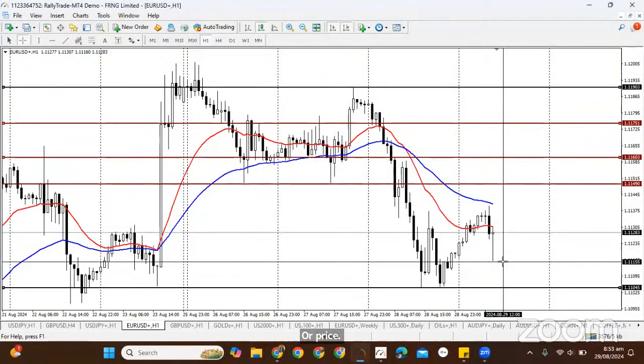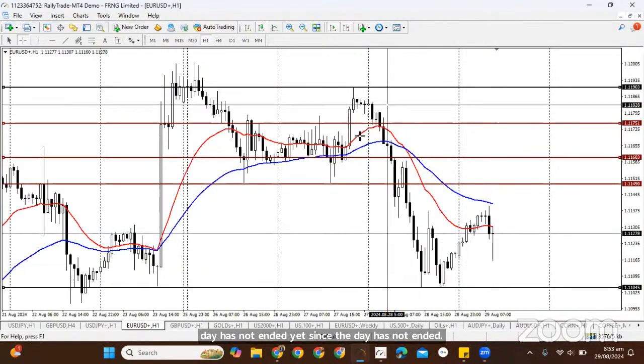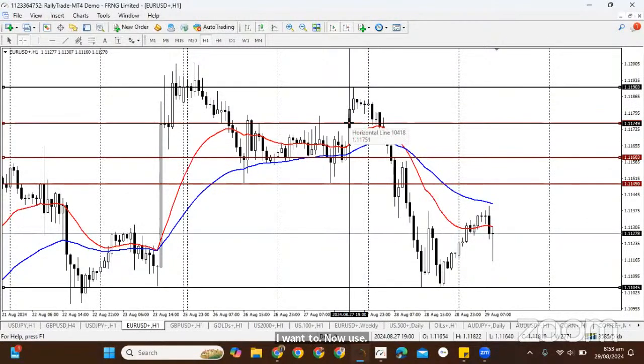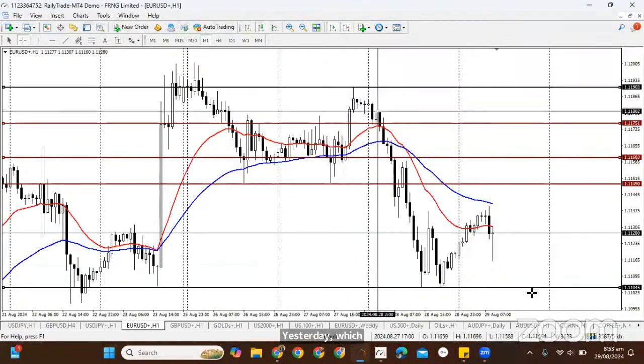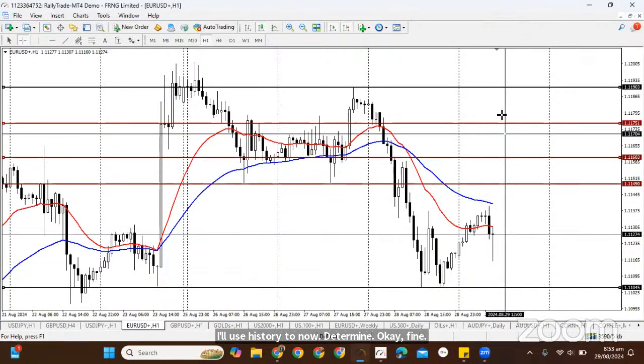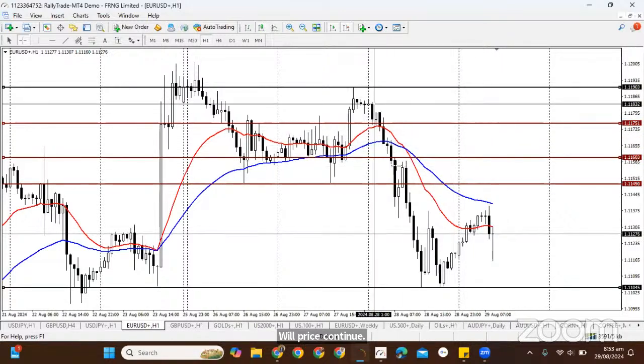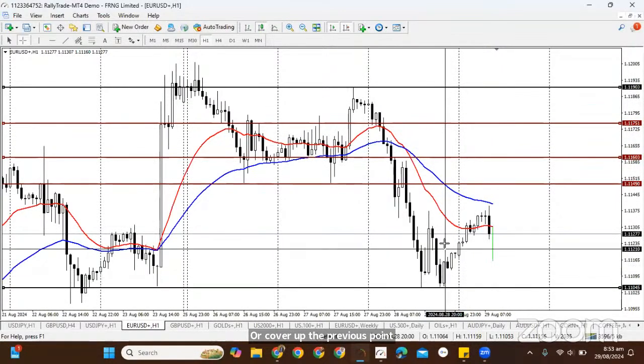But remember that the day has not ended yet, right? Since the day has not ended, definitely I want to now use yesterday, which is history now. I'll use history to determine, okay, fine. Will price continue or cover up the previous point that it has been able to pull beyond?